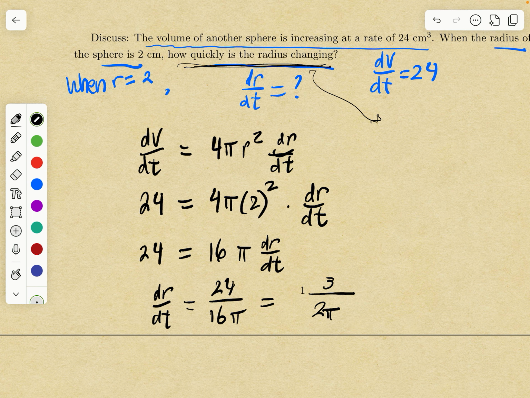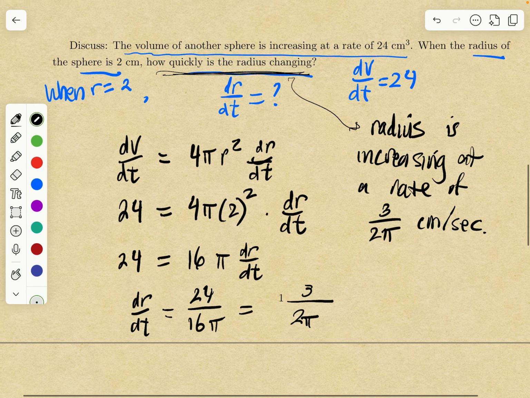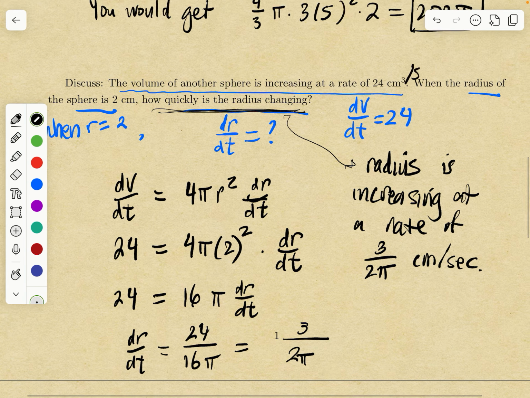We want to say that it's increasing, so we would write out the radius is increasing at a rate of 3 over 2 pi. Now we need units: centimeters per second. 3 over 2 pi centimeters per second.